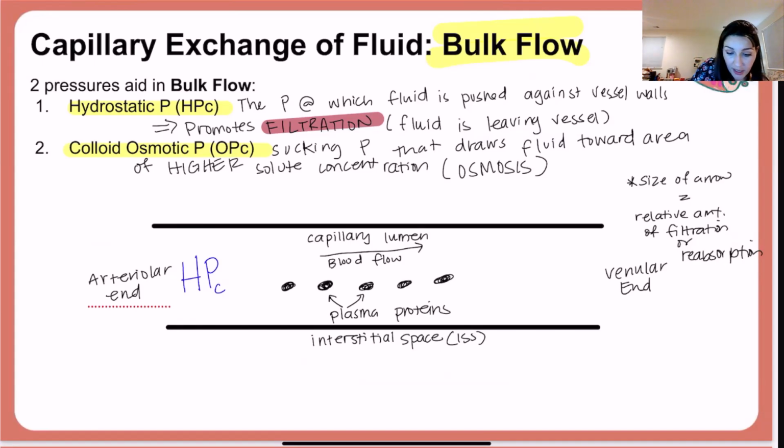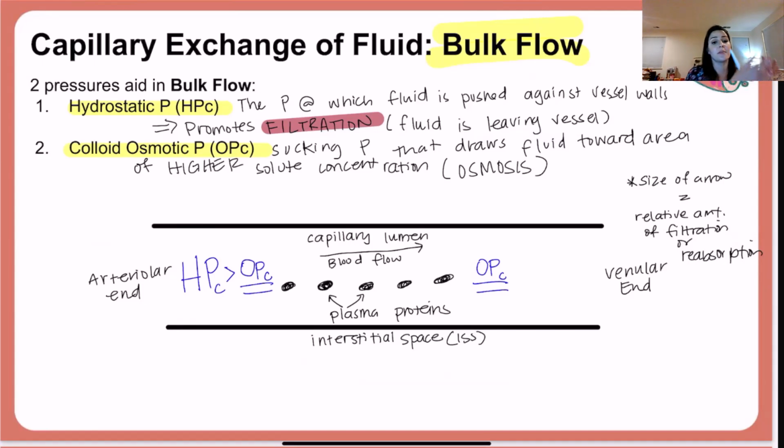It's bigger than our osmotic pressure, our OPC. In fact, our OPC, our colloid osmotic pressure of the capillary, is pretty consistent throughout. I'm drawing that around the same size. So those are the same.